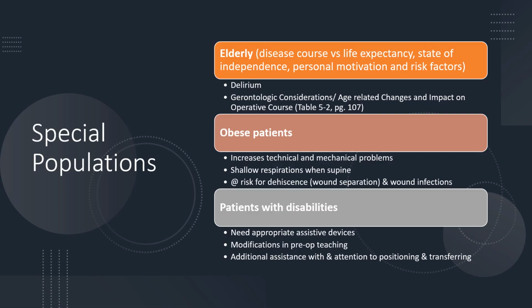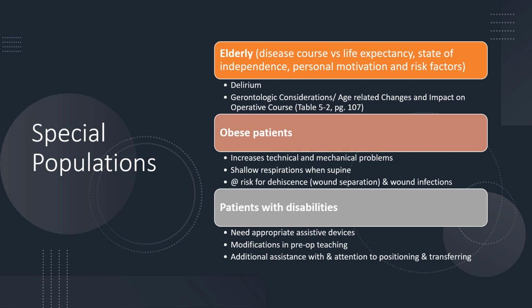Okay, so let's look at some special populations to consider. We've got our elderly, our obese, and our patients with disabilities. Elderly patients are the most common patient you'll be taking care of in the perioperative setting. Just in the hospital in general, usually you just have more older people. So some things to keep in mind with the elderly is pain, the preoperative pain assessment.